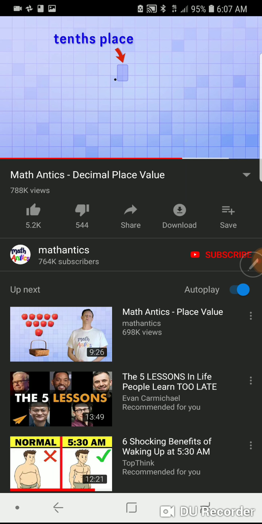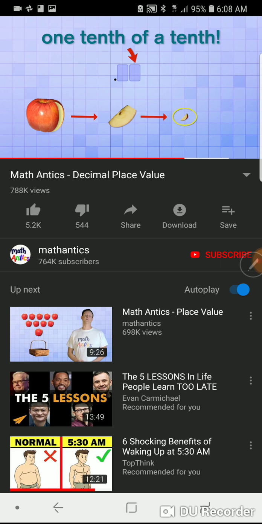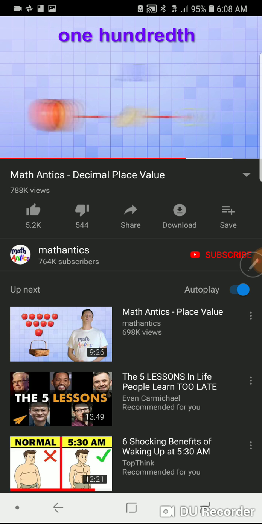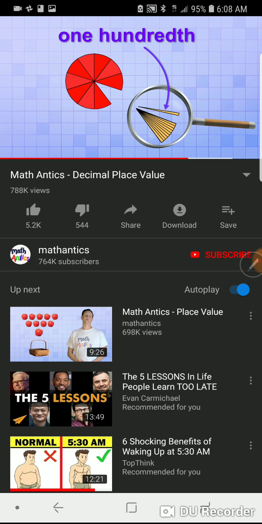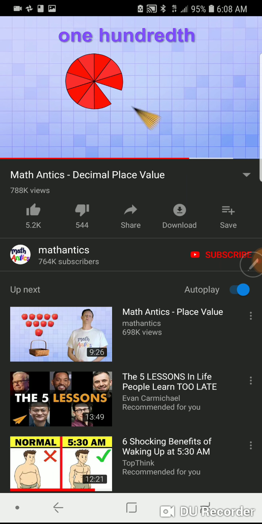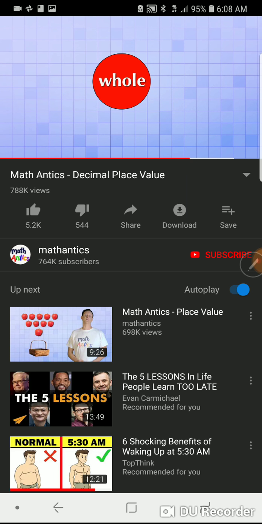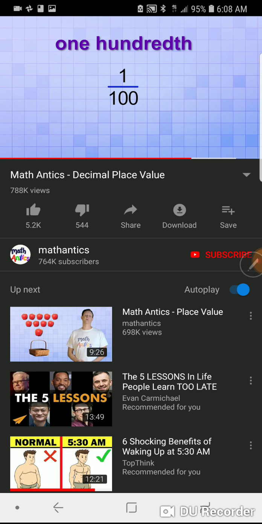So, if the tenths place counts fractions that are a tenth of 1, then the next number place over will count amounts that are 1/10 of a tenth. 1/10 of a tenth is called 1/100th, and it's the fraction you get if you take a tenth and then divide it into 10 equal parts. It's a very small fraction, and it's called a hundredth because it's the same fraction you'd get if you take a whole and divide it up into 100 parts. So its fraction form looks like this: 1/100.